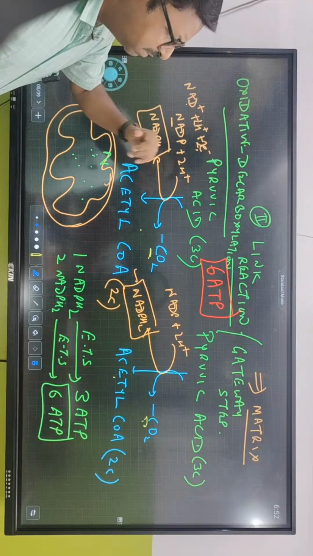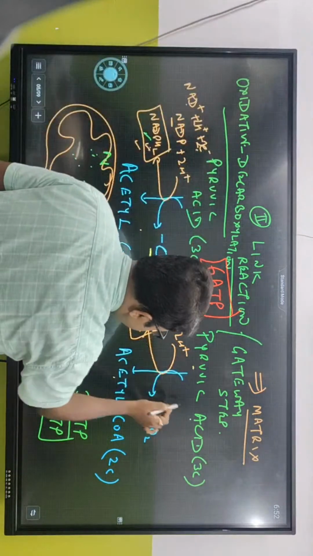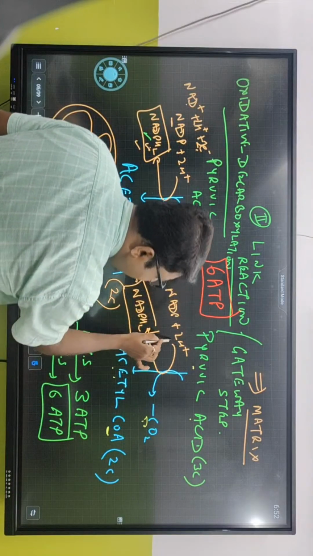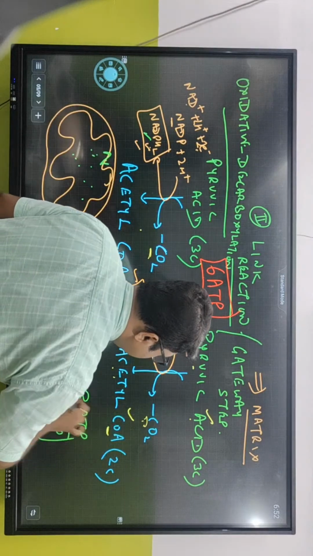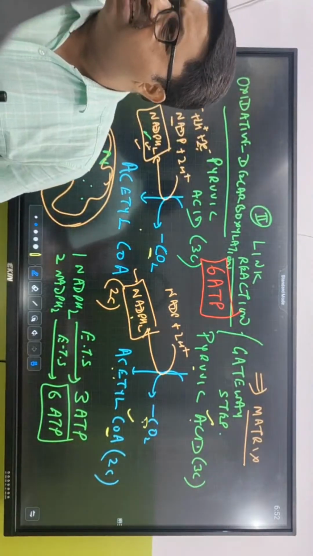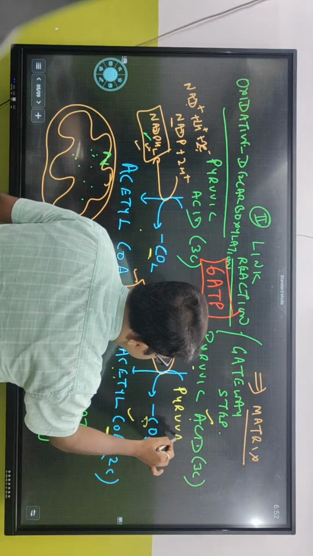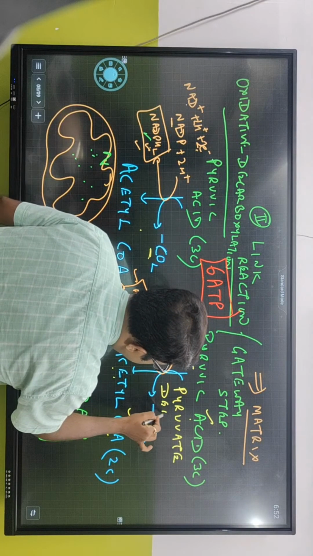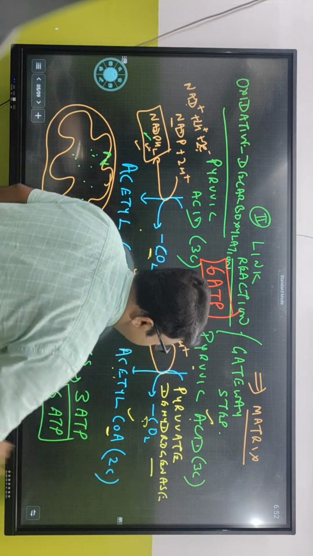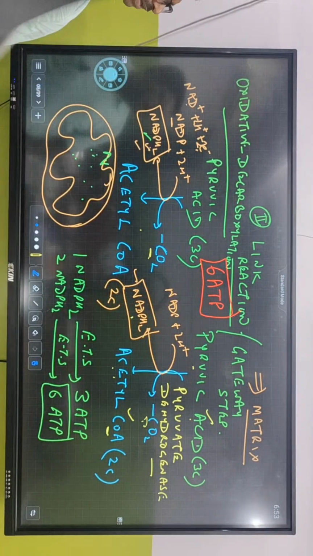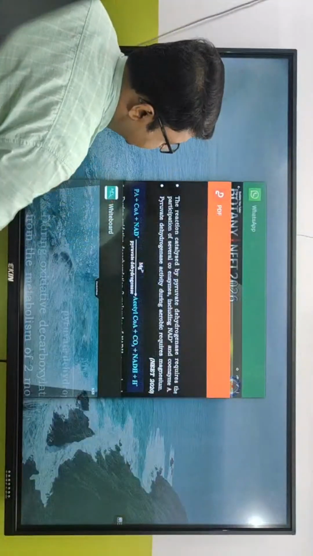What else was it called? Oxidative decarboxylation. In the link reaction, acetyl-CoA is formed from pyruvic acid, and pyruvic acid is oxidized to acetyl-CoA. What is the name of the enzyme required? It is pyruvate dehydrogenase. Here too the enzyme is pyruvate dehydrogenase. Clear? Keep this in mind.